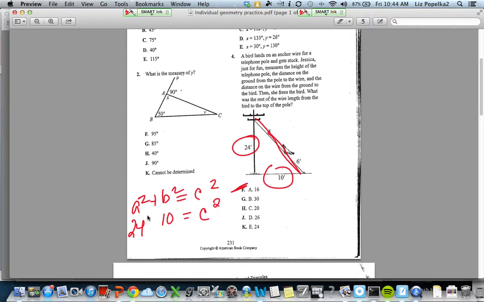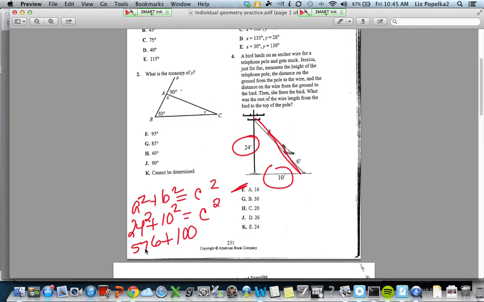So the way a right triangle works, if you square the first side, and then you square the second side, and then add them together, it gives you the square of the third side. So we don't have to remember how to square a number. Your calculator will do it for you. If I type in 24 to the second power, that gives me 576. If I put in 10 to the second power, that gives me 100.